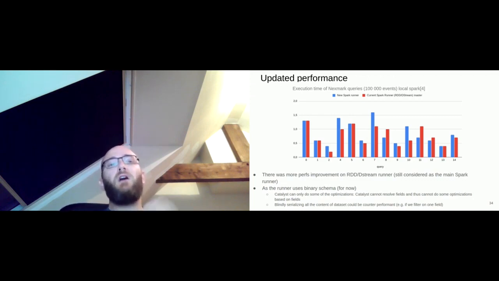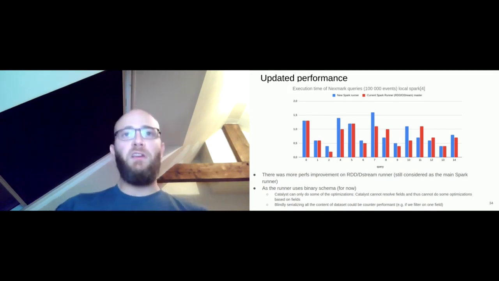As a consequence, Catalyst cannot do some optimizations, the optimizations that are based on fields, as it sees only a bytes array. And also another thing is that as we use binary schemas, we serialize the whole content of data. And in some cases, we could have serialized only one field. So it could have been better performance in that case.